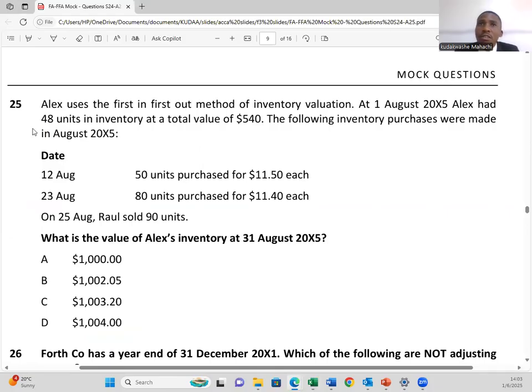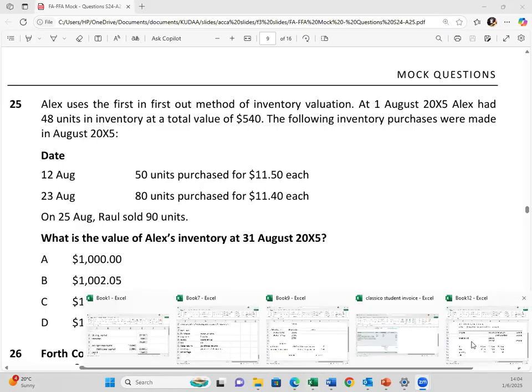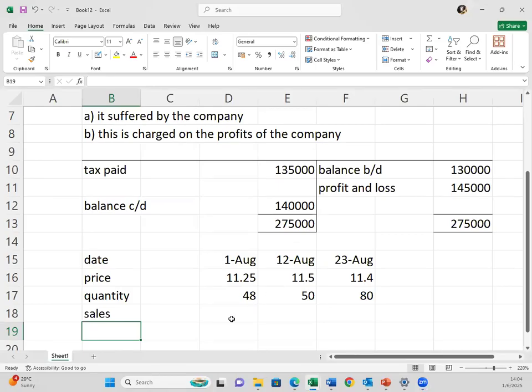So for the 90 units that we sold, we start by deducting from the goods we bought first. So for the 90 units, we are going to first of all deduct from the stock that we bought on 1 August.